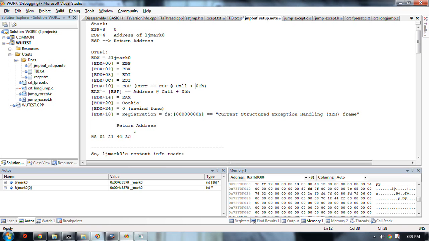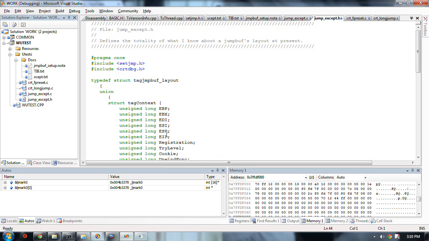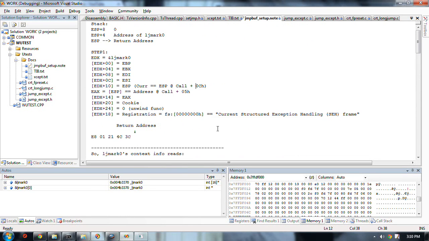So what we stored in what would have been the SP part of that struct, this member, would have been ESP at the point of call plus an extra 12 bytes, right?